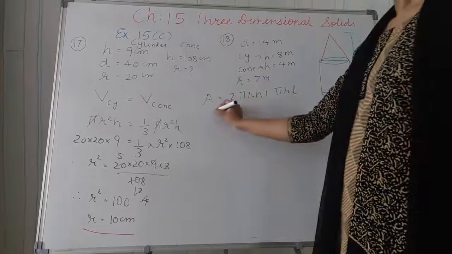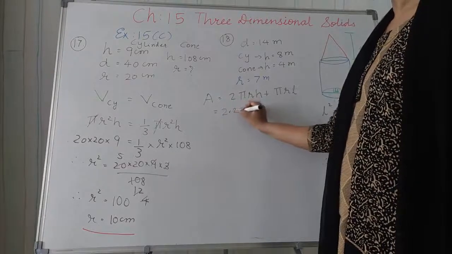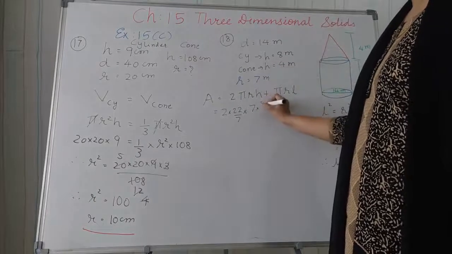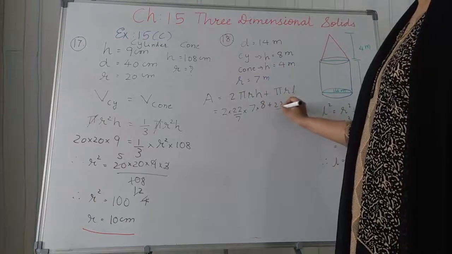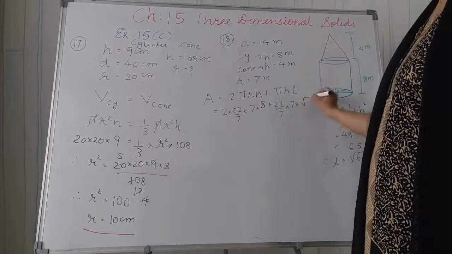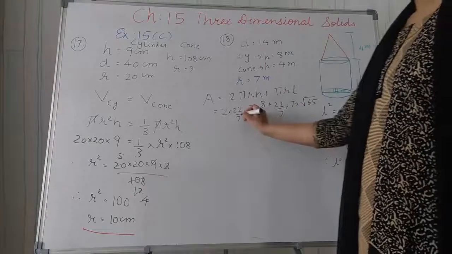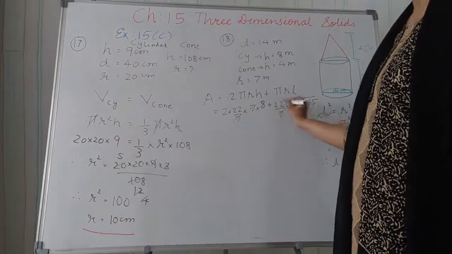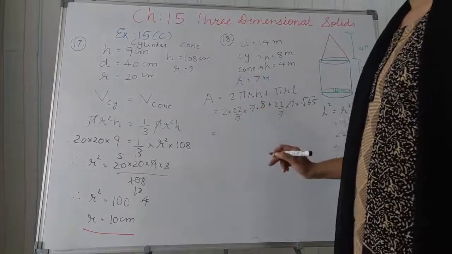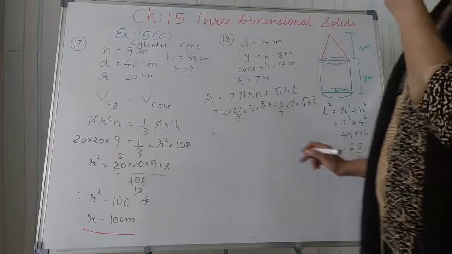Now 22/7, radius 7 and H, cylinder 8. 22/7, radius 7 and L, that is square root 65. So this 7 gets cancelled here and here both. So this is 16 2s are 32.